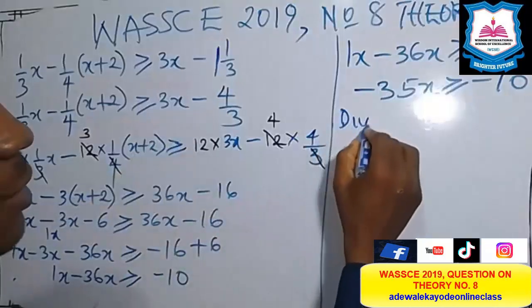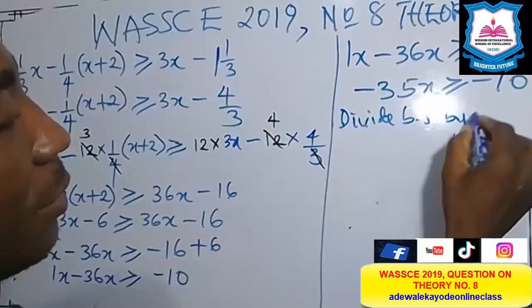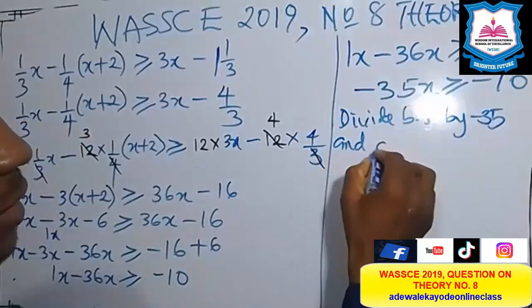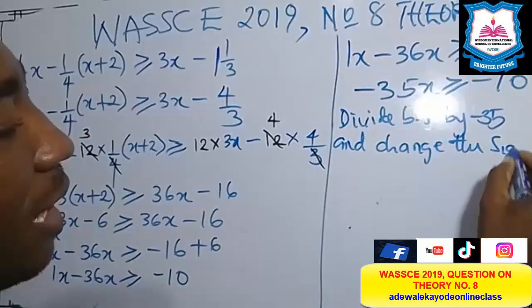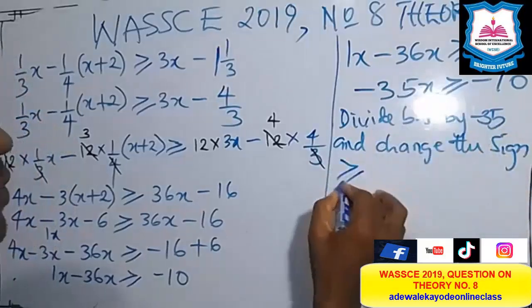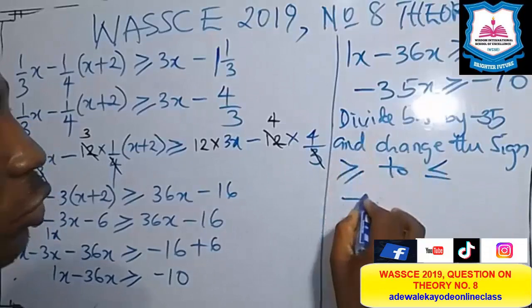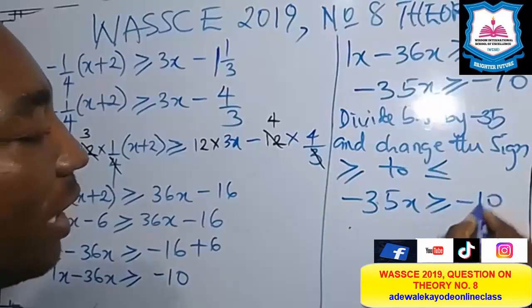So divide both sides by minus 35 and change the sign. What sign do we have here? We have greater than or equal to. It will be changed to less than or equal to.